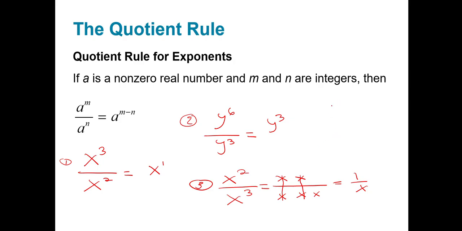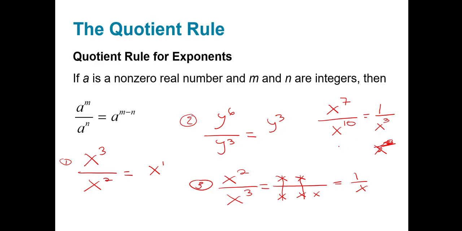If I have x to the 7th over x to the 10th, the most x's are in the denominator, so they will stay in the bottom. I'm going to put a 1 at the top to let me know that this x cubed is in the denominator. Because if I were just writing it as x cubed, I wouldn't know if that's in the top or in the bottom. So you have to make sure you put it over 1.